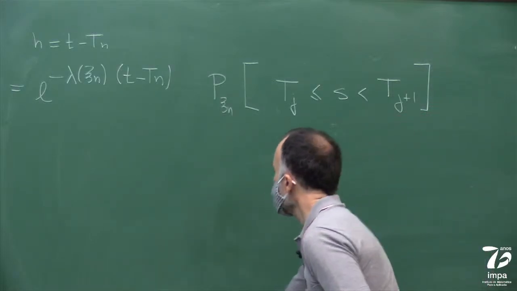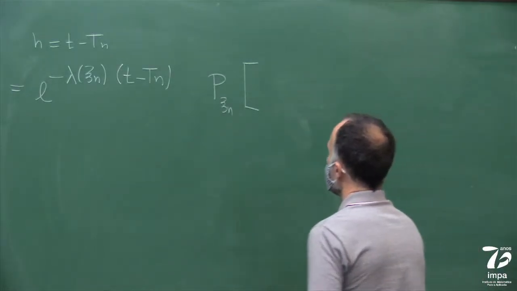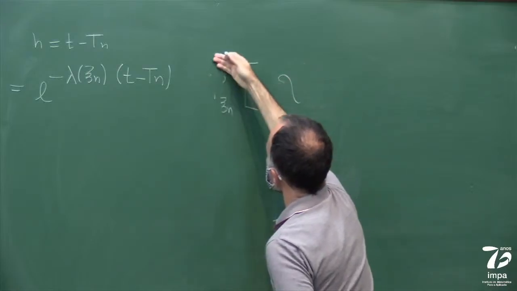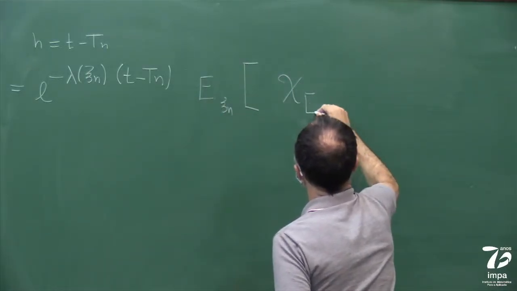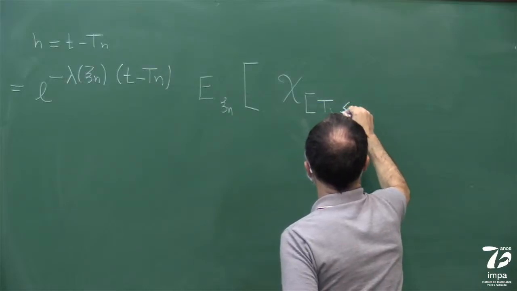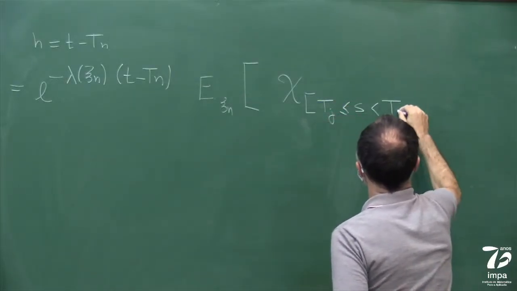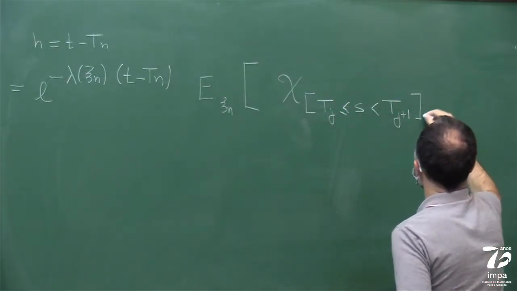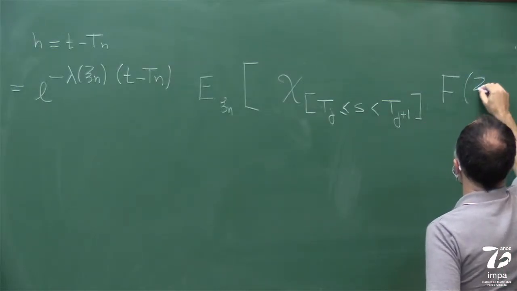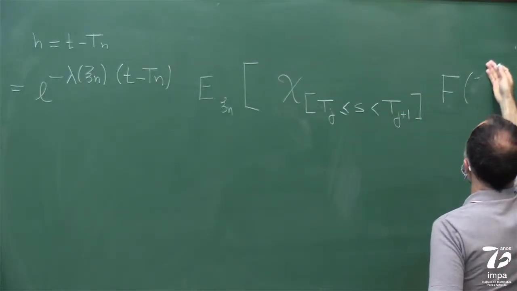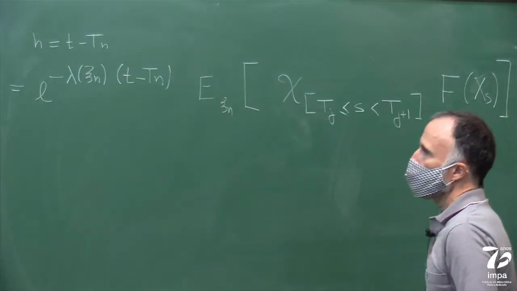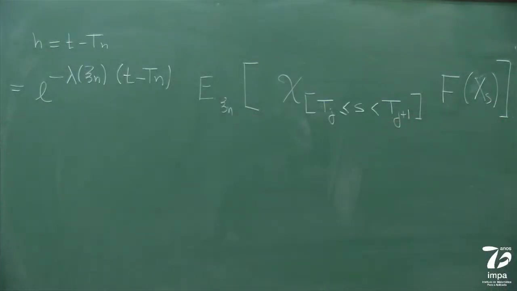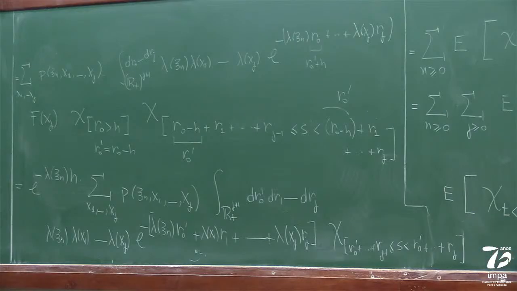And sorry, I have f also, so this is an expectation of the indicator that tj is less or equal than s, less or equal than tj plus 1, f of psi j, but psi j in this case is f of x.